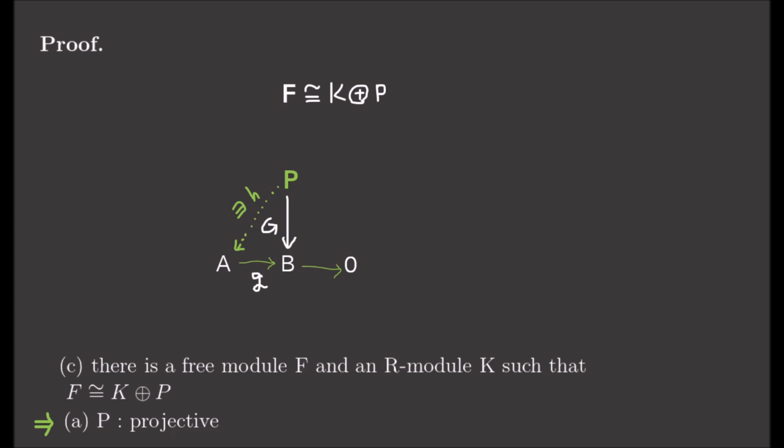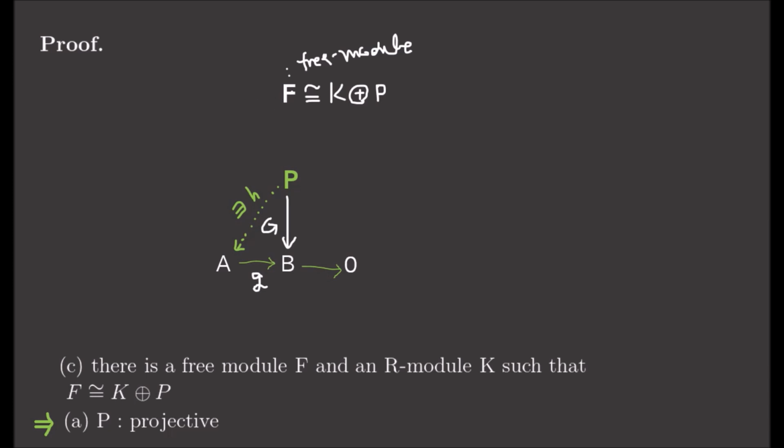The hint is just using the power of this assumption. Note that the most important point in this statement is that F is a free module. Why? Every free module is a projective module.